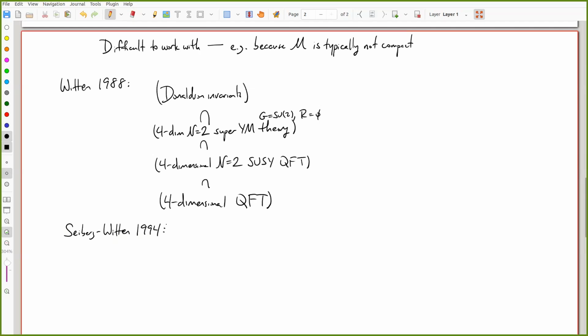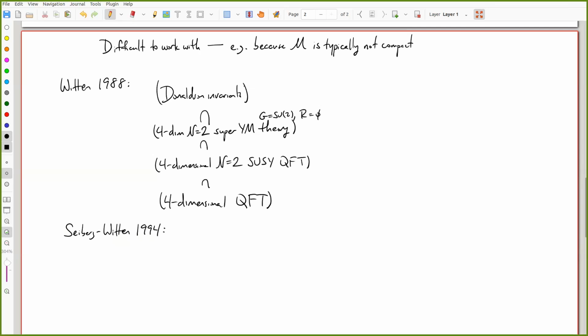Witten in 1988 figured out that Donaldson invariants have to do with four-dimensional N=2 super Yang-Mills. That doesn't help you unless you're really good at understanding that theory, and in 1988, physicists weren't that good at understanding it.